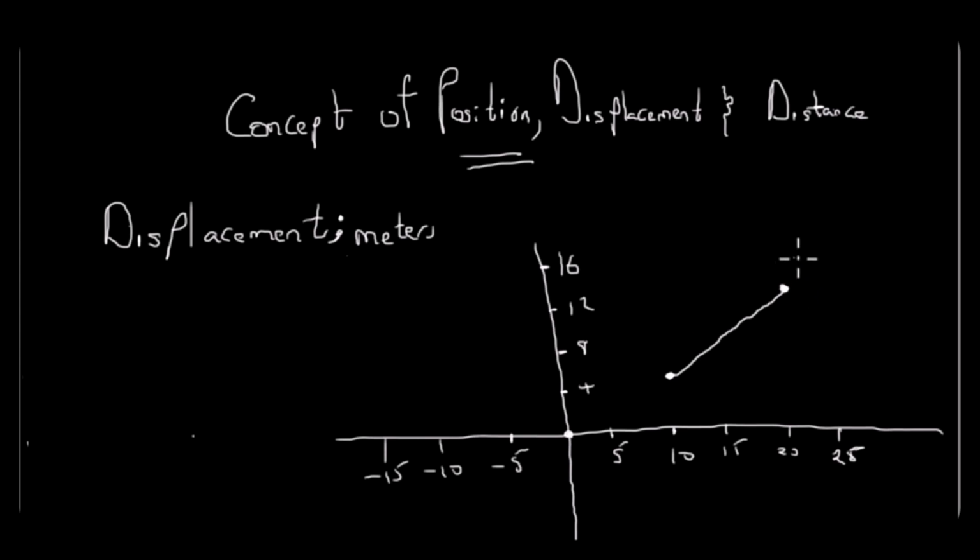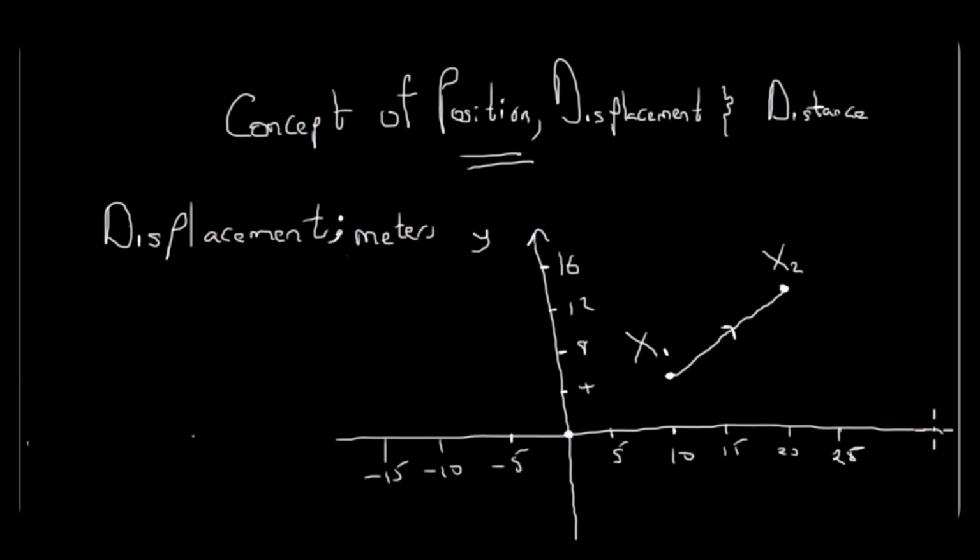Now, let's say our object is traveling in this direction. Let me call this x2. Let me call this x1. Now remember, we said x represents position. I don't mean the x plane or the y plane. Okay, so this is my y axis. Let me write that properly.